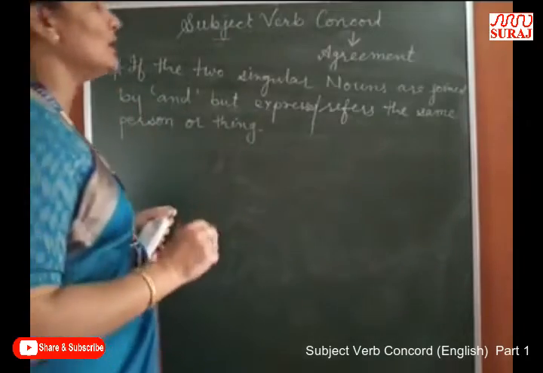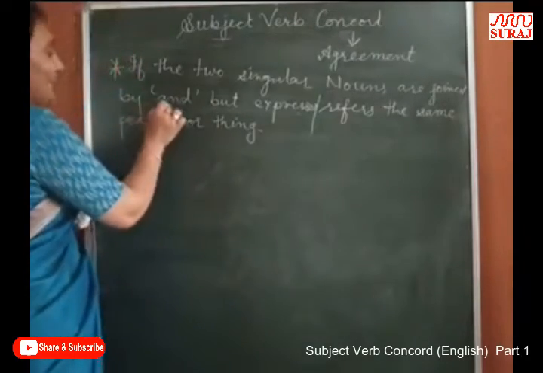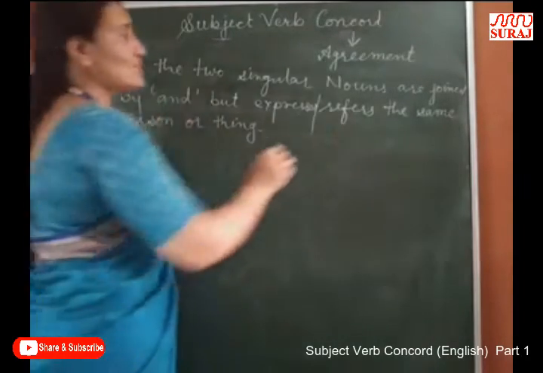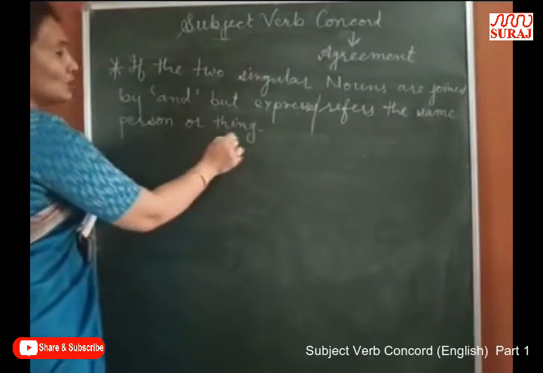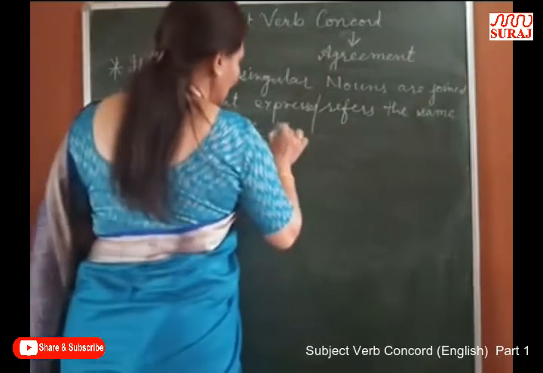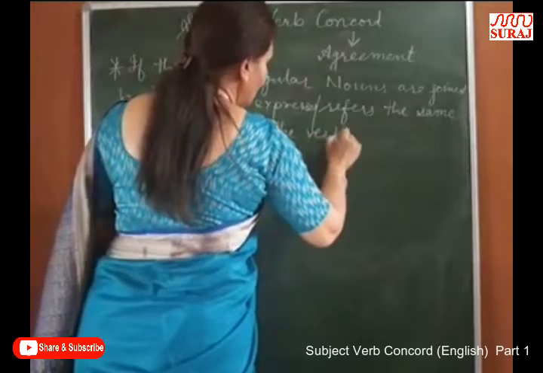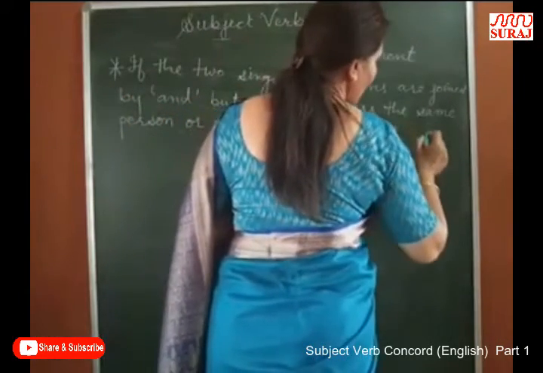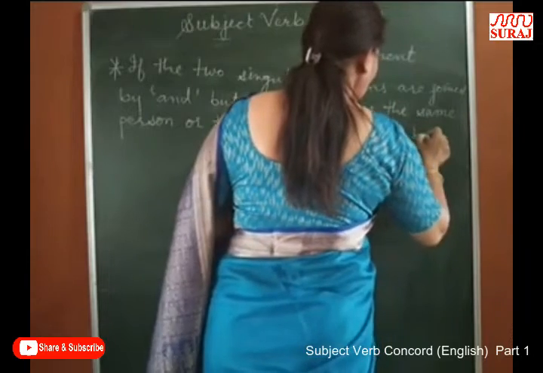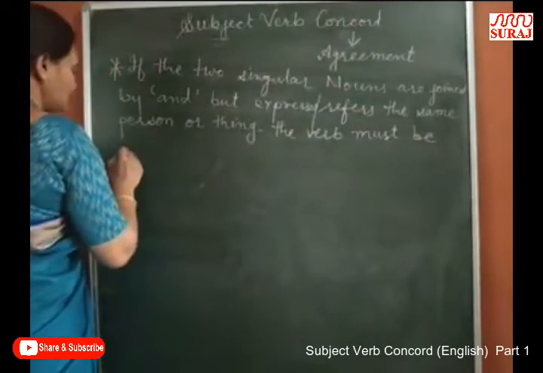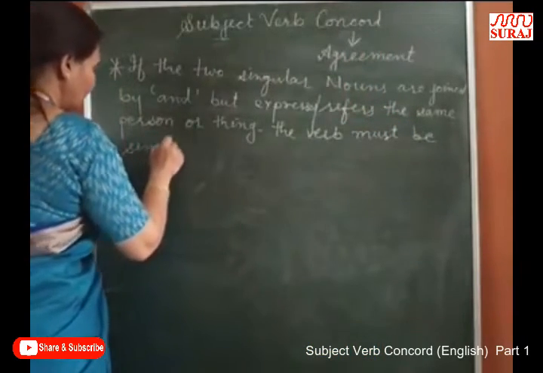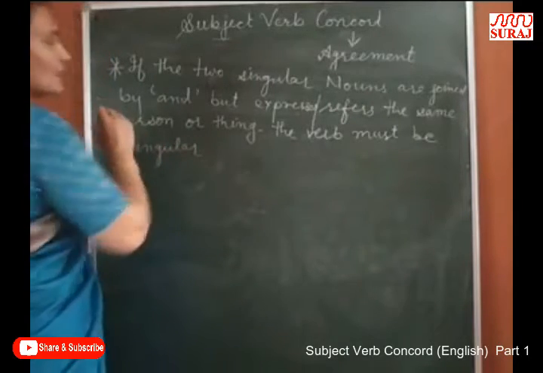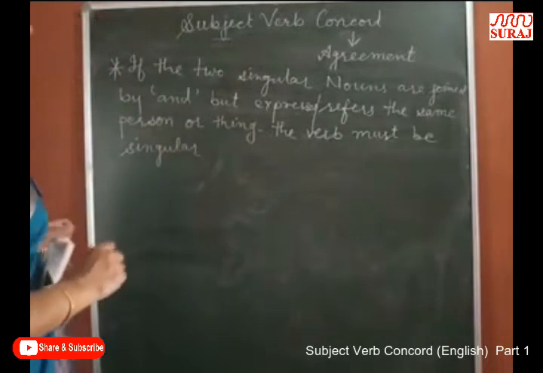When two singular nouns are joined by and but they refer to the same person or thing, then the verb must be singular. The verb must be singular.